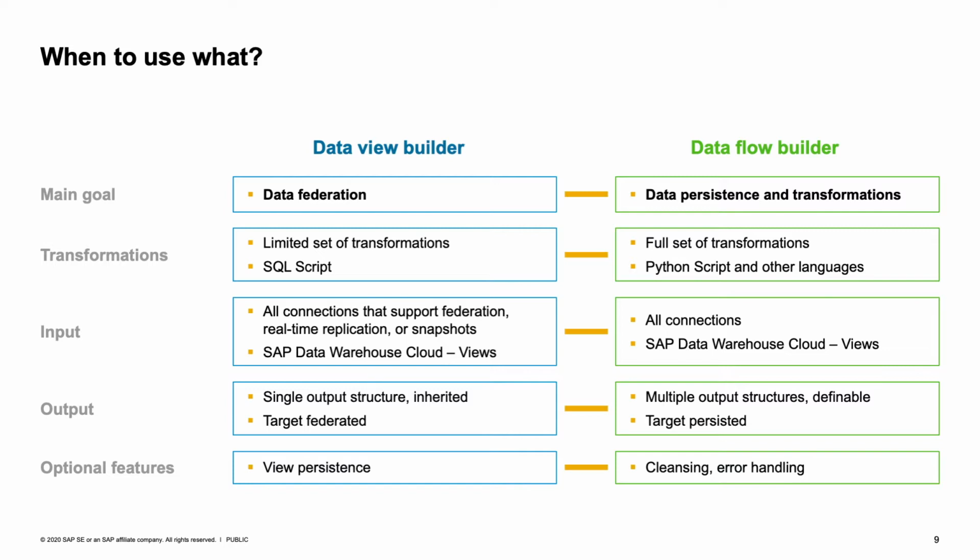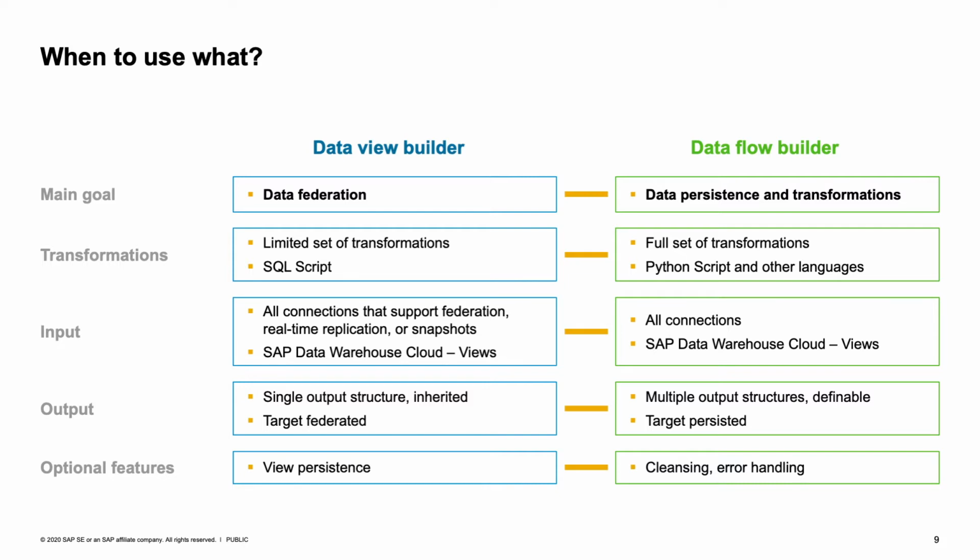Looking at the output, what is different there? In the data flow builder, you can define multiple different output structures. The target is always persisted, whereas in the data view builder, the target by default is only federatedly available, can optionally be cached by choice, and there's only a single structured output available.